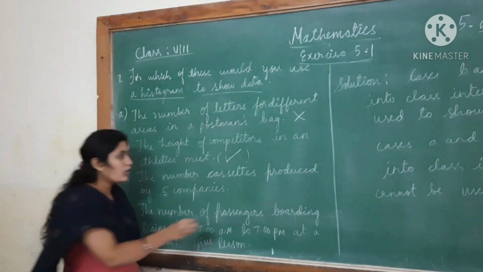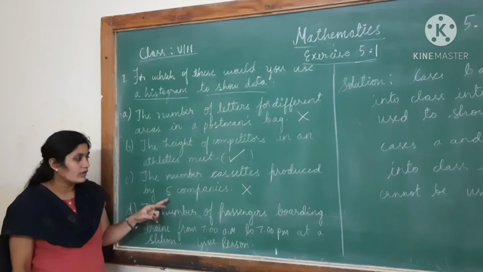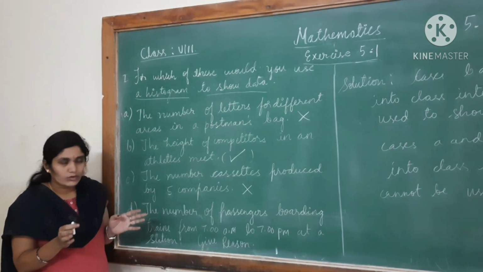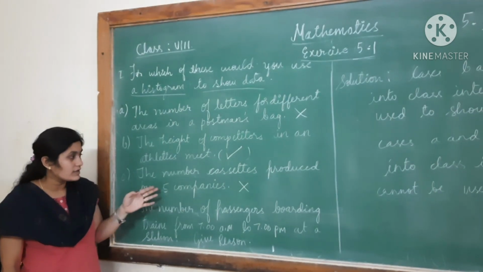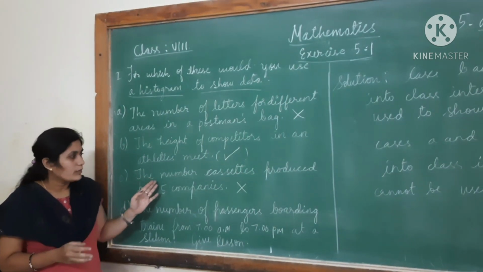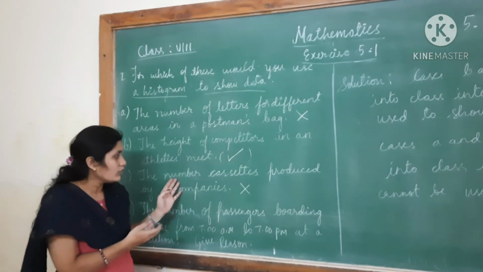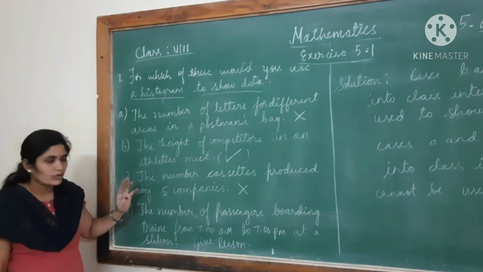Here also you cannot draw a histogram because the number of cassettes is given but produced by 5 companies, the accurate number is not given and the class interval is also not given. Class interval is nothing but the number which we are going to use to work on the data, but here the accurate number is not given.